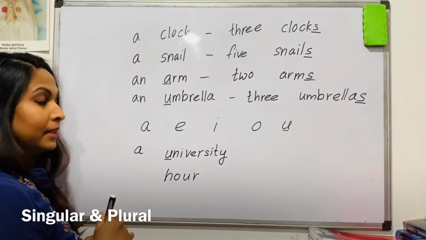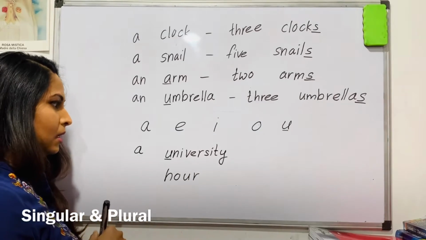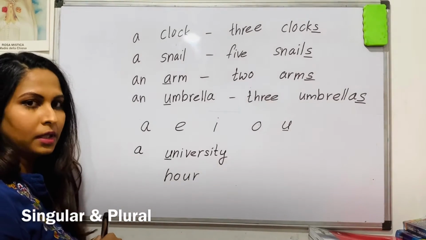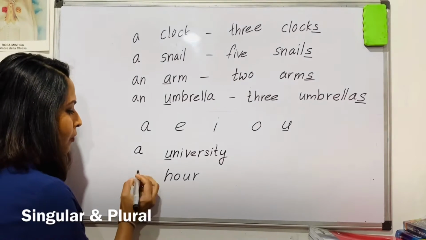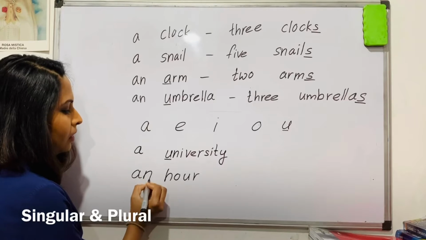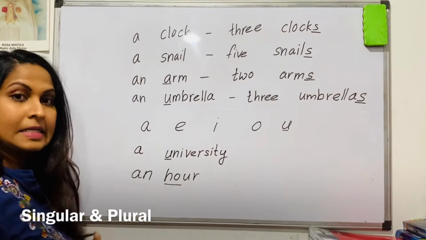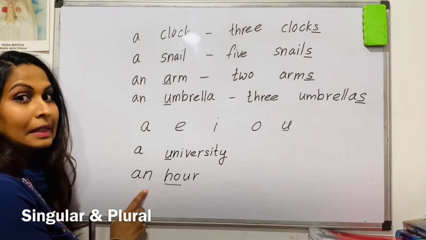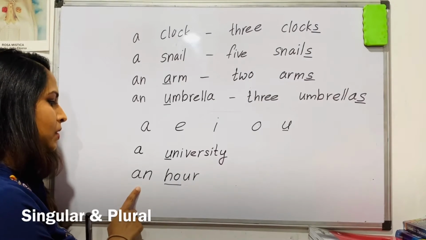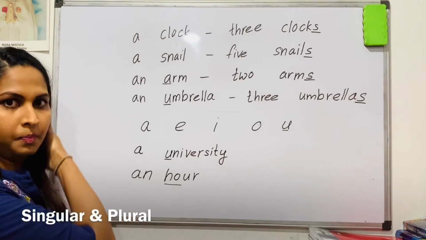At that time we can see a vowel sound there. We can hear a vowel sound there. So we have to use an, our instead of a. So you should not say a hour. We have to say an hour.